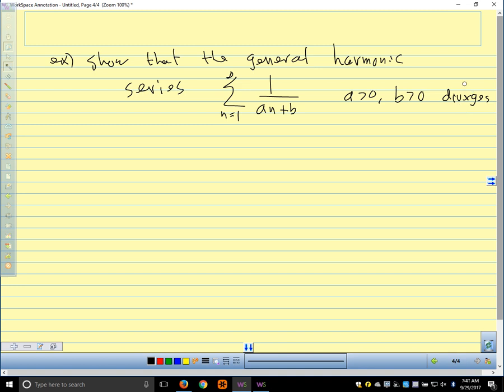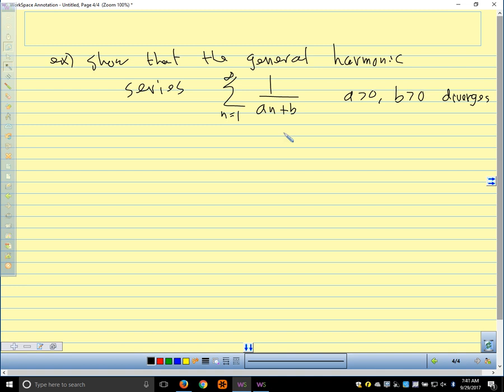A and b are just some constants. So this kind of looks like a harmonic series, but we have this linear thing going on in the denominator. And we would suspect that this diverges since the harmonic series diverges.